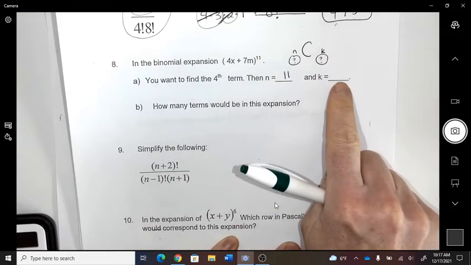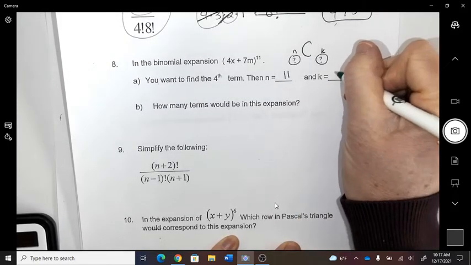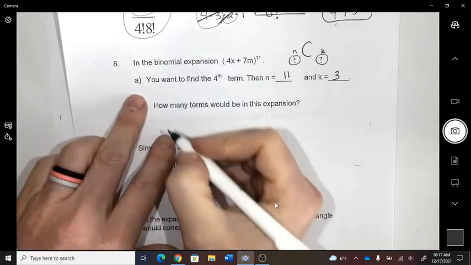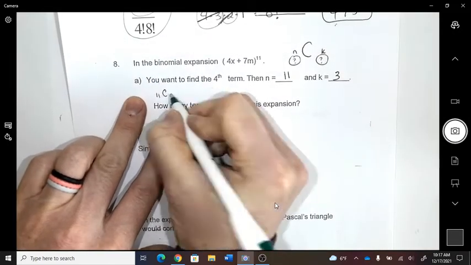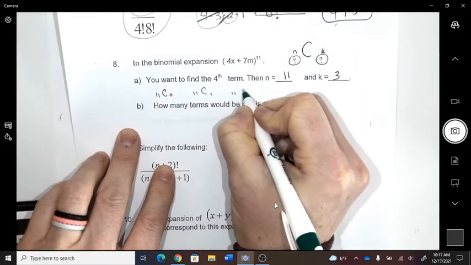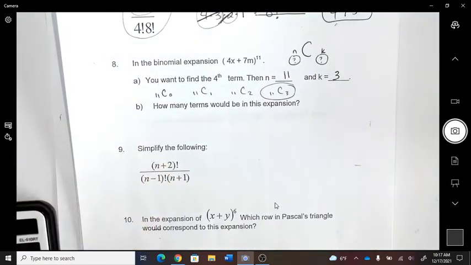Choose what? If you're going to go after the fourth term, then this would be a 3, because the first term starts like that, the second term, third term, fourth term. So 1 less because of that 0. Starting counting at 0 screws up the pattern of the number, right?